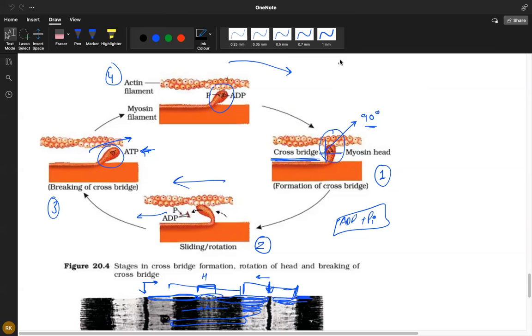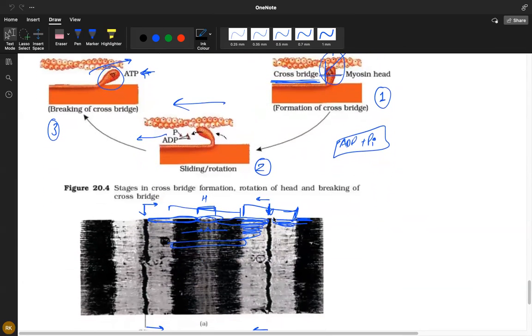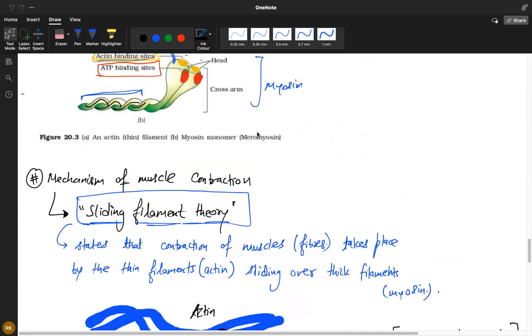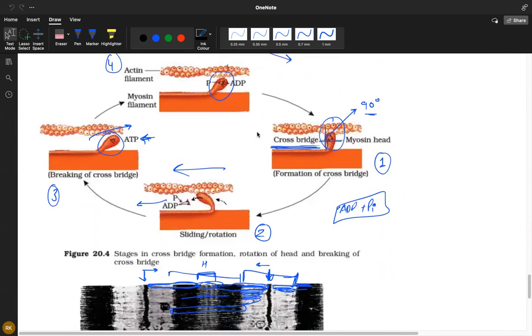And write down, this will cause the return of the Z lines back to their original positions.